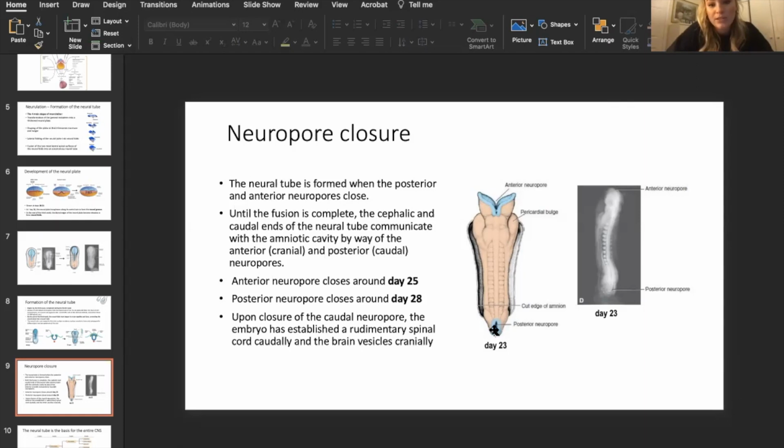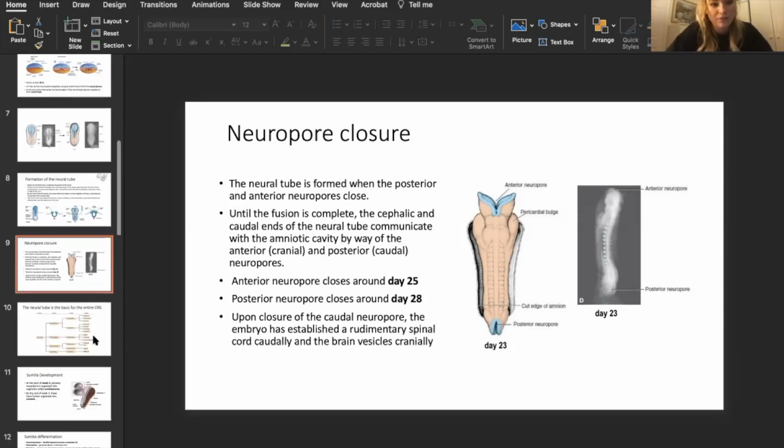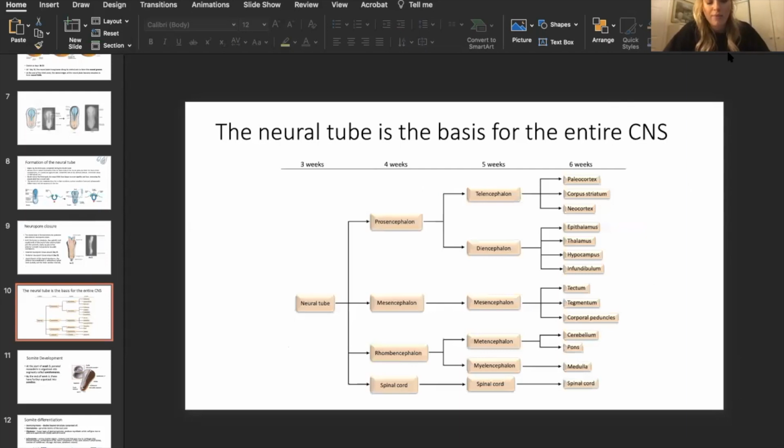And once the neuropores have closed, particularly the caudal neuropore, the embryo has a very basic spinal cord and brain vesicles. So it's the start of the formation of the central nervous system. This is quite a nice image I found, and it just basically shows the development of the central nervous system. So we've got the neural tube, and we've got the start of the development of the brain now.